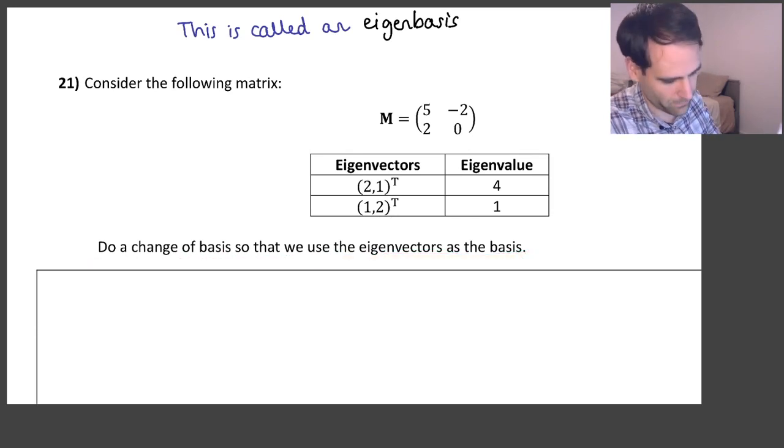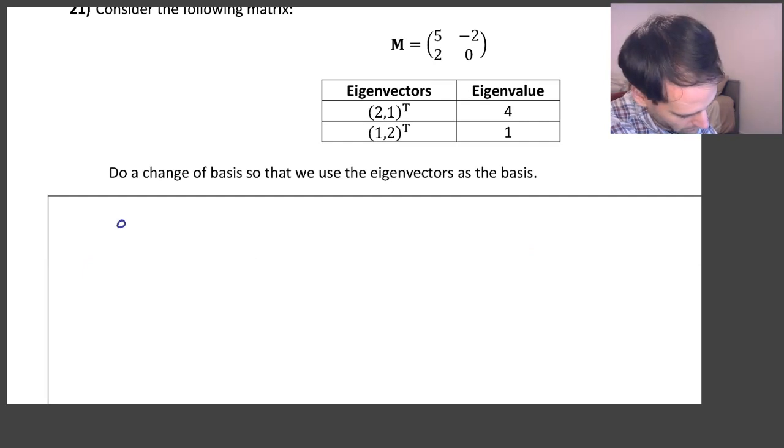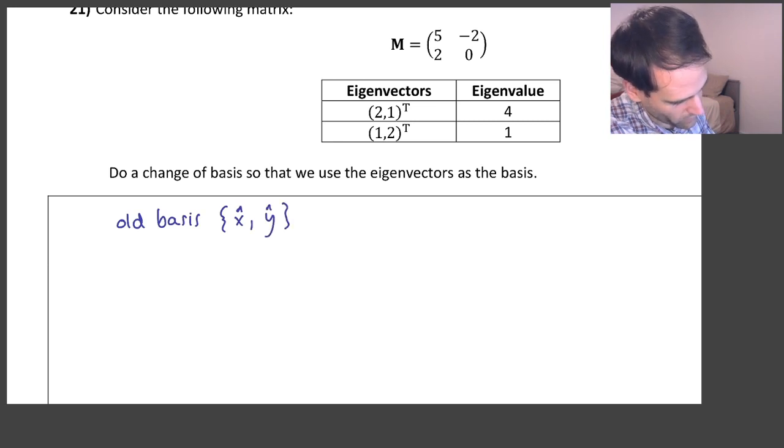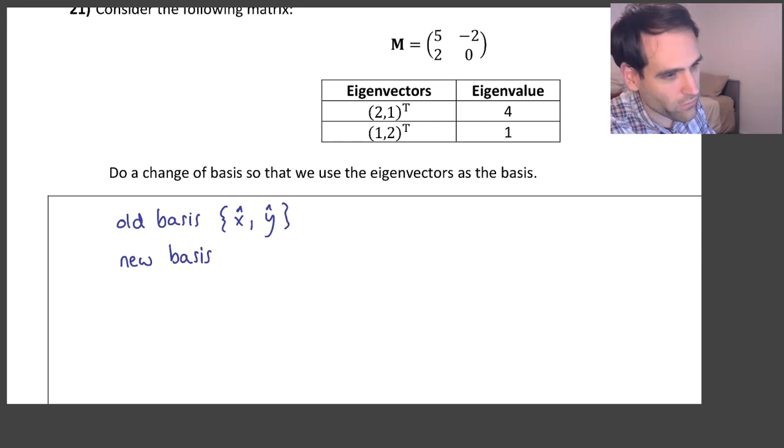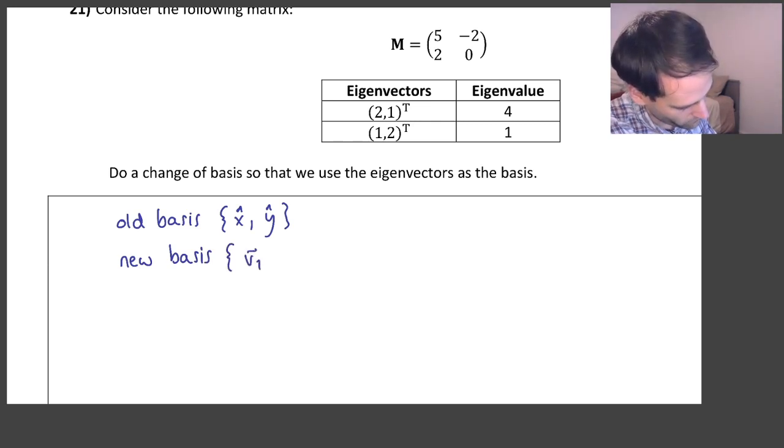So let's do it. So our old basis is x hat and y hat. And our new basis is going to be v1 and v2, which is equal to 2, 1 and 1, 2.